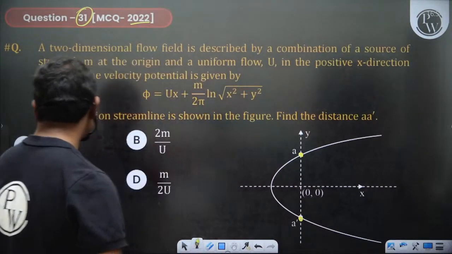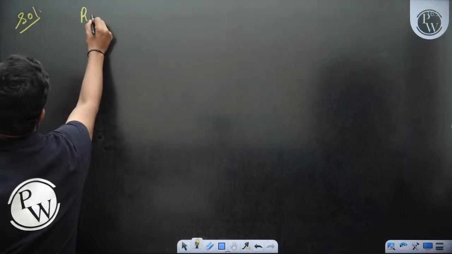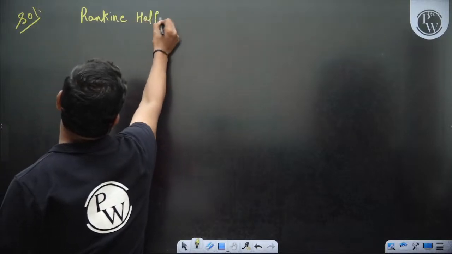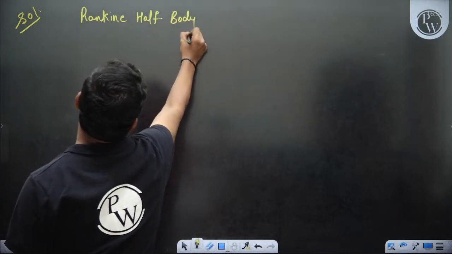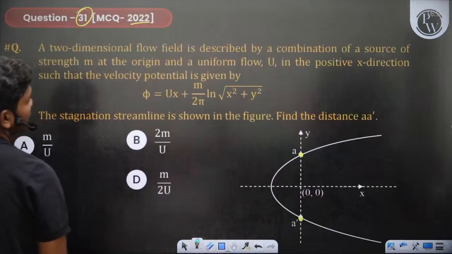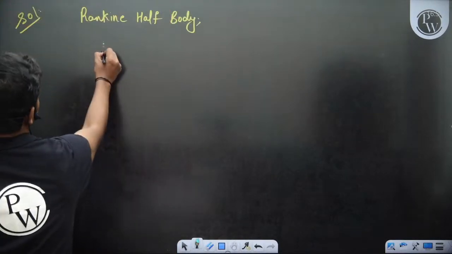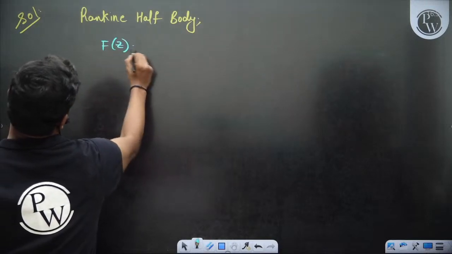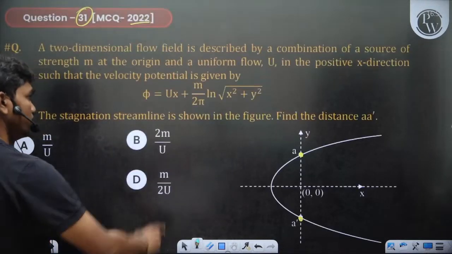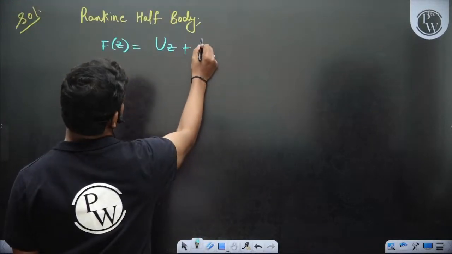So normally, this is the normal Rankine half body. Okay, so if this is Rankine half body, you can see phi is given by this. So in fact f of z is equal to a combination of a uniform flow, which is u into z, u into x is the real part, plus m by 2 pi ln z, of course, for a source.